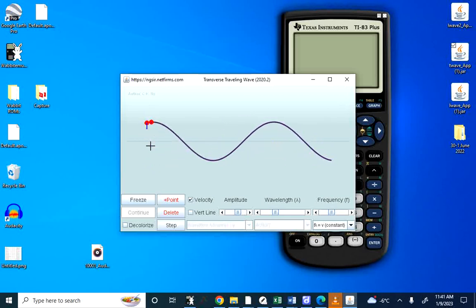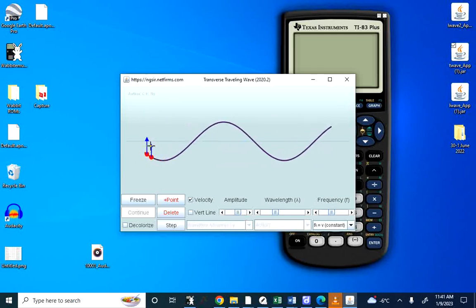So it doesn't matter. By the time we get over to the end, this poor little guy over here is still going to be going back and forth 5 times per second. He or she may not be going back and forth as far. There may have been some energy loss, but it's still 5 times per second.